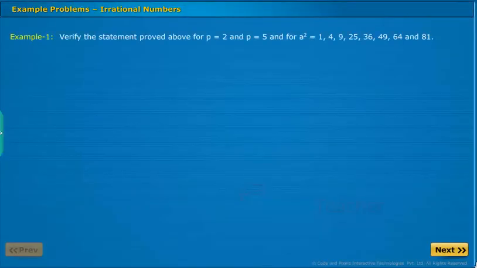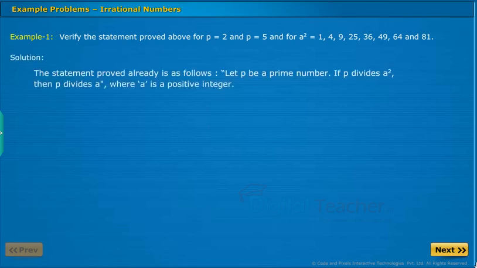Verify the statement proved above for p equal to 2 and p equal to 5 and for a square equal to 1, 4, 9, 25, 36, 49, 64 and 81. From the statement we proved, let p be a prime number.